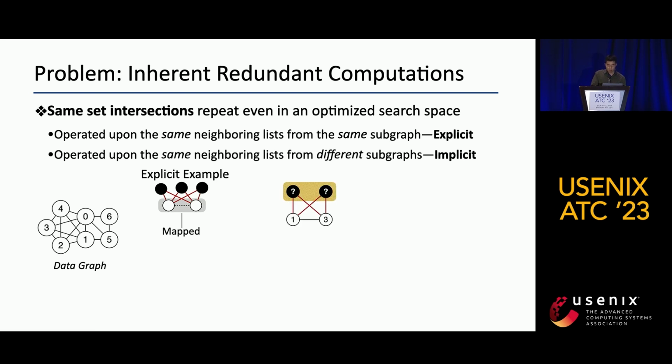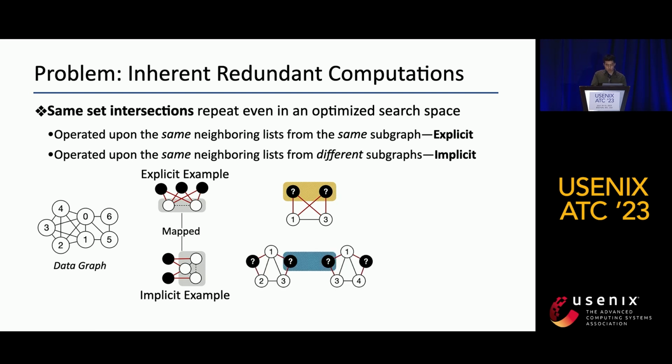In the edge example, these computations will all be performed at the intersection of neighboring sets of 1 and 3. These are explicit redundancies. In the implicit redundancies, although the computations are operated on different sets of pattern vertices, the exact computation on data graph vertices may still be the same.